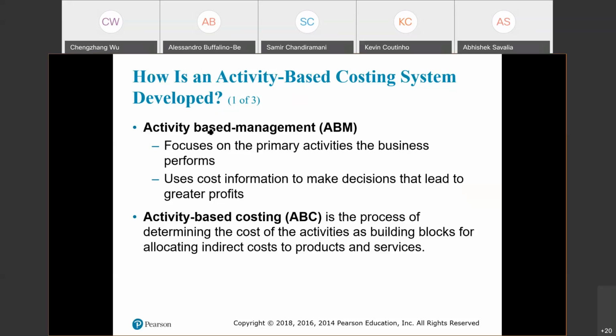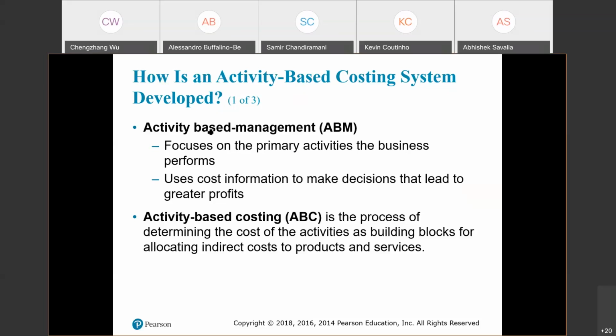Companies like Smart Touch Learning with diverse products can obtain better costing information by using activity-based costing, as well as activity-based management.